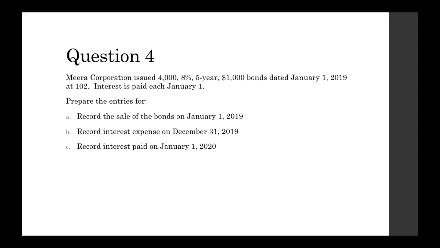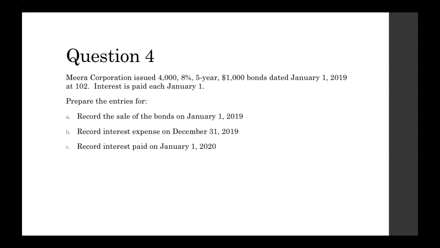We said that the 4,000 times the 1,000 was $4 million. So if Mira Corporation was issuing these bonds at 100% of face value, you could assume that they were going to get $4 million. Here, they're issuing these at 102, so they're able to get 102% of face value. We'll talk about that more once we are preparing the entries.